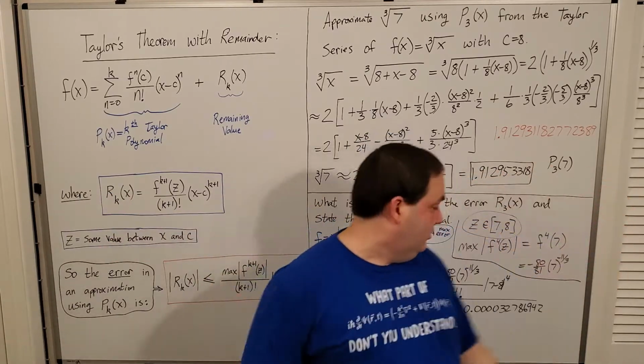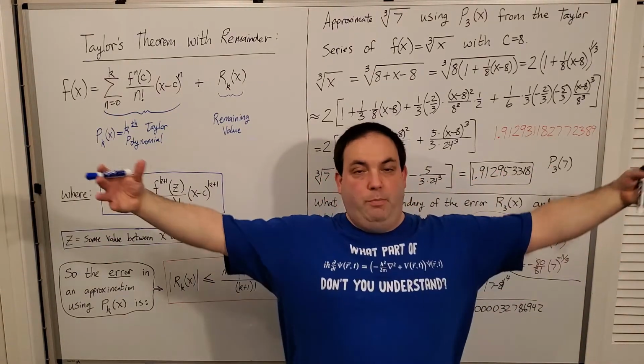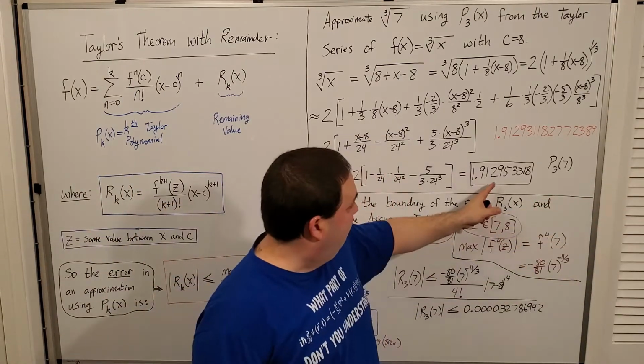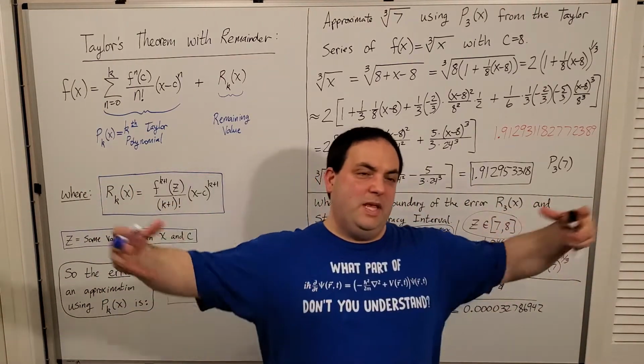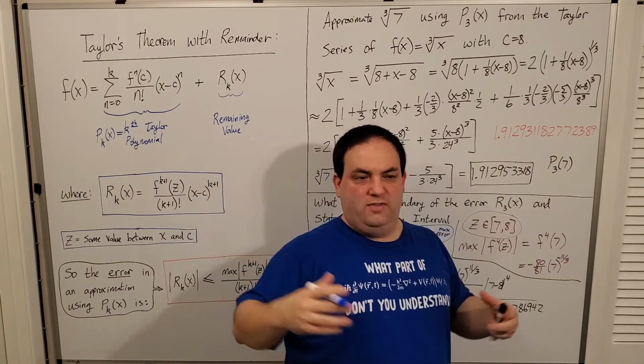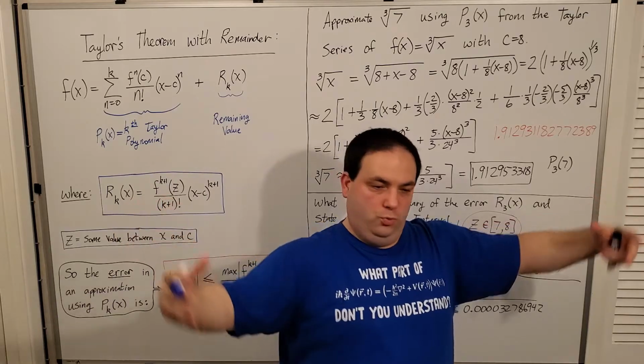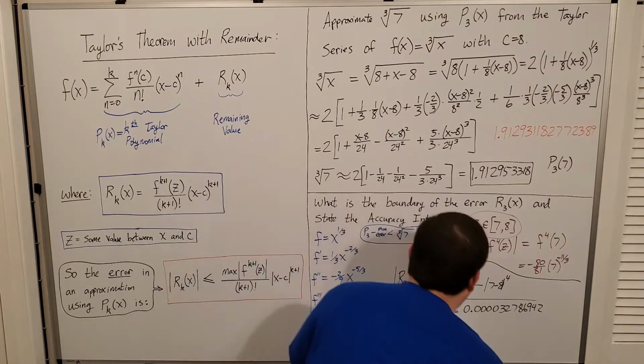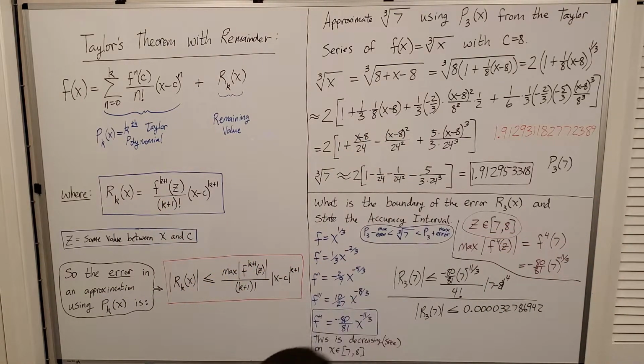The error is a certain amount. It's kind of like a radius. The error is like, well, it's not more than this much away, but it could be this side, it could be this side. But it won't be more in size. So what I do is I just take this as a radius in both the positive and negative directions from this number. And that gives me an interval where the true value of the cube root of 7 is somewhere in between those two. Here's the accuracy interval that we're talking about.